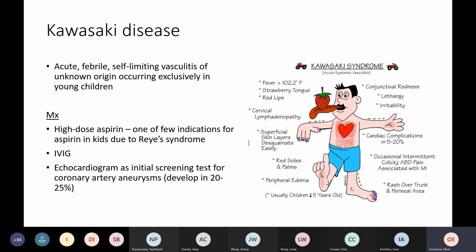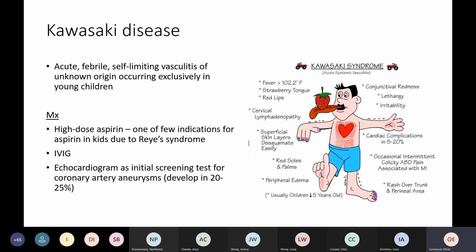And then for diagnosis, you'd also usually have 4 out of the 5 what's called CREAM features. That's an acronym. This is for conjunctivitis, rash, erythema of the hands and feet, adenopathy, so you get cervical swelling, and mucosal, so that's strawberry tongue, which is what you see in Kawasaki's and scarlet fever, and you also get oral fissures.